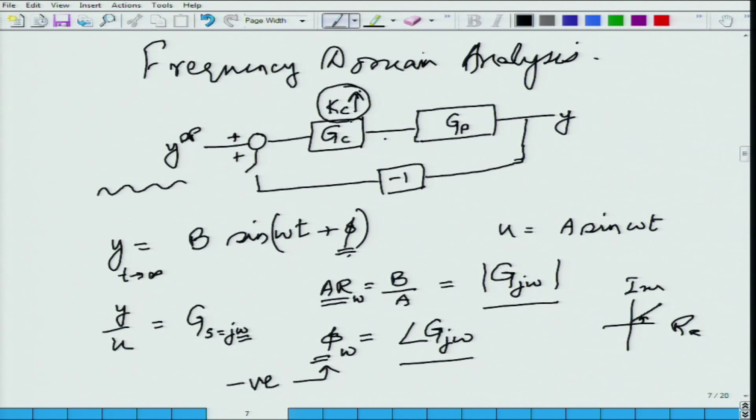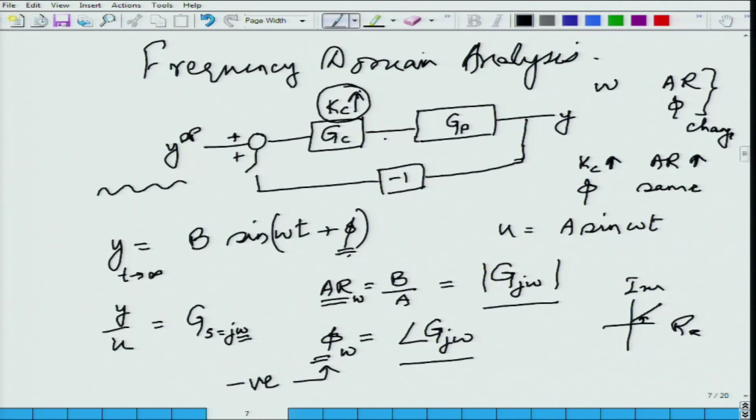So, as Kc is increased, the amplitude ratio will go up, and the phase angle will remain the same. As omega, the forcing frequency, is changed, the amplitude ratio will change and phi will also change; both will change.